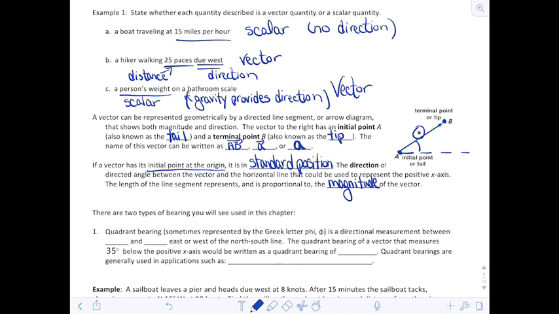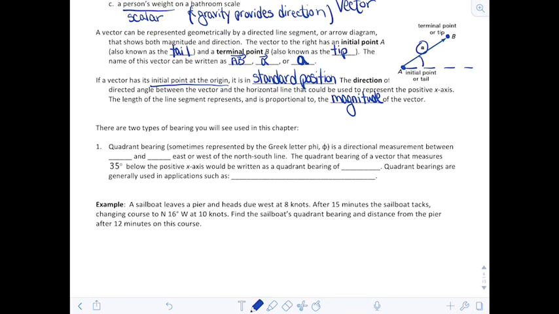Okay, as we start out and talk about these angles, there are two types of bearings that we're going to use. And keep in mind, these are bearings in application situations, okay? There is a third way that we're going to draw these angles, but first of all, we're going to talk about the two types of bearings. So the first one is quadrant bearing, and it is exactly what we would think. There are 4 quadrants. 1, 2, 3, 4.